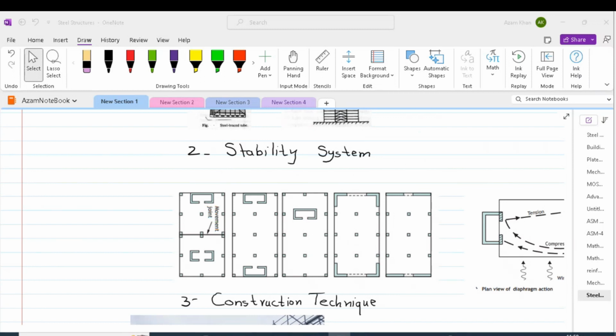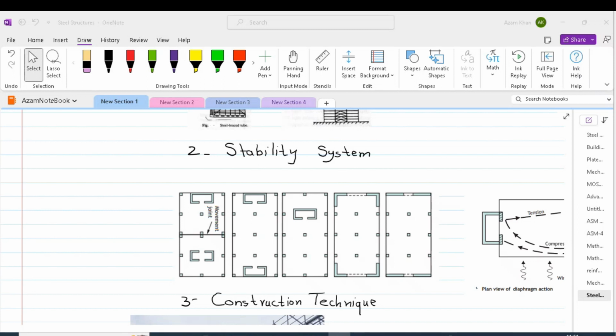Another component of the stability system is a well-defined load path to ensure that loads from various sources are efficiently transferred from the point of application to the foundation, along with properly designed connections between the structural members.